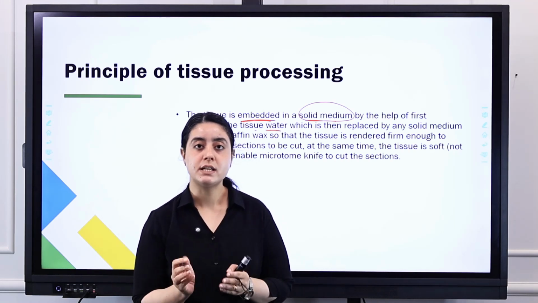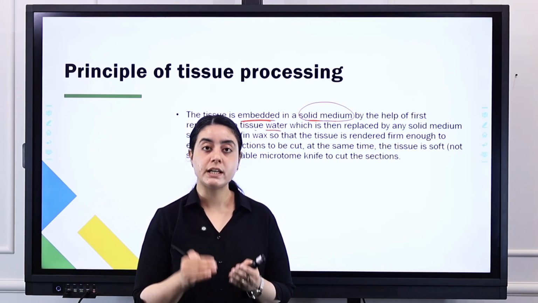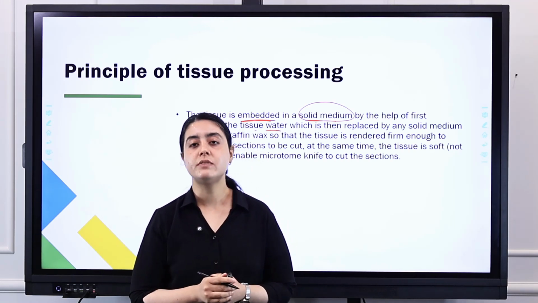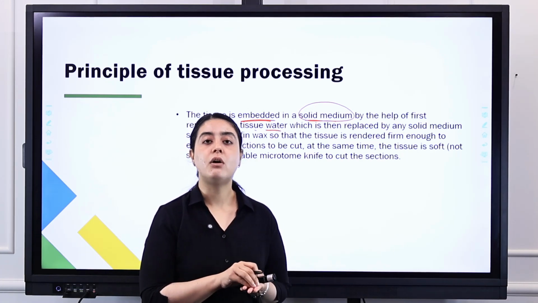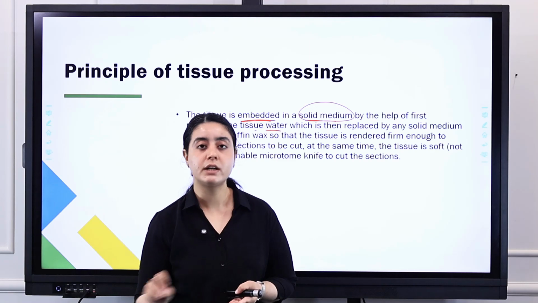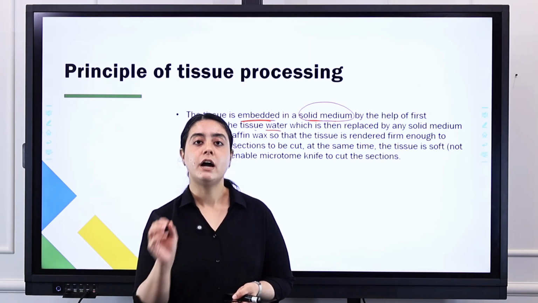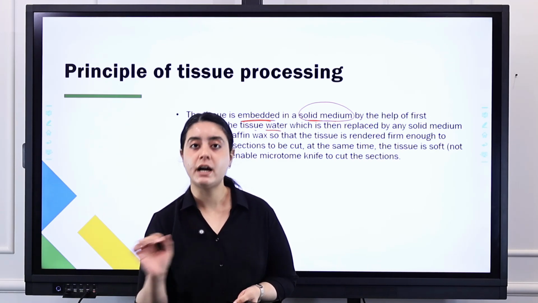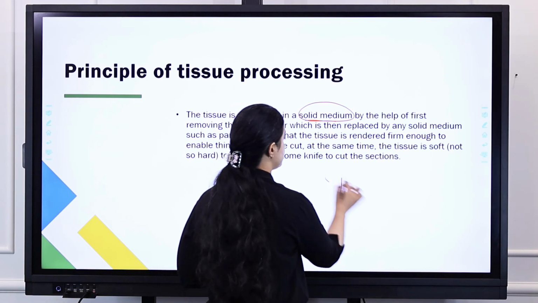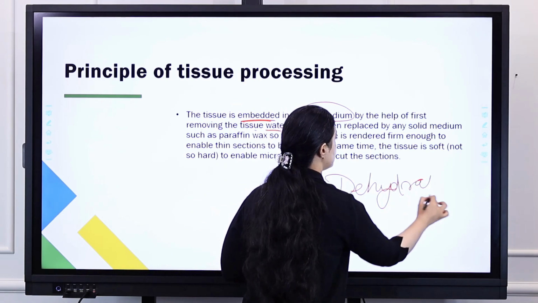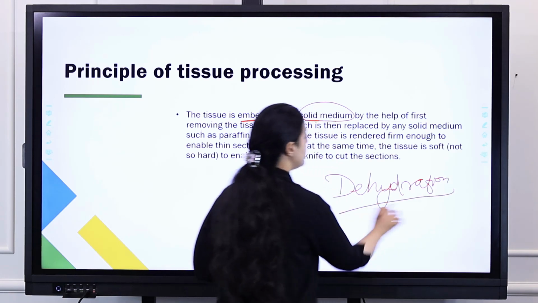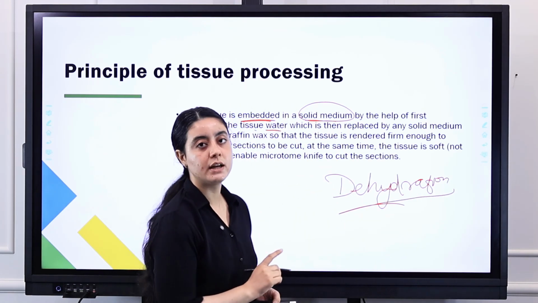So before proceeding to the staining process, we have to remove all the water and fluid content from our tissue samples, and for that we have to do the dehydration step, right? We will discuss this also in detail.